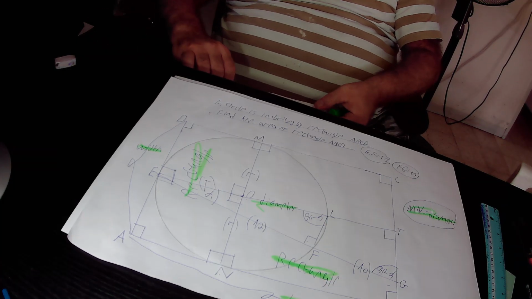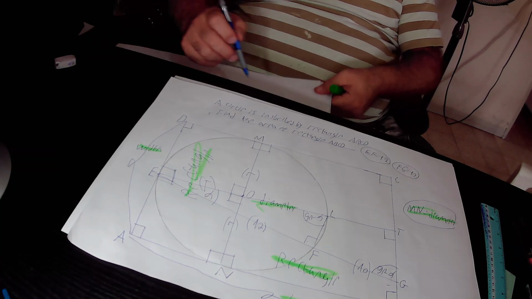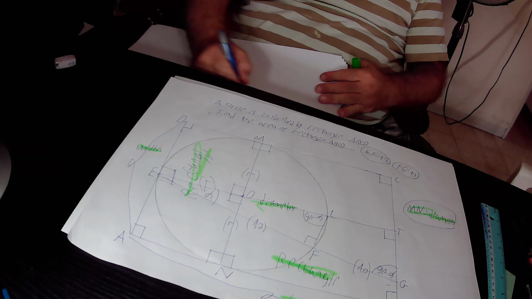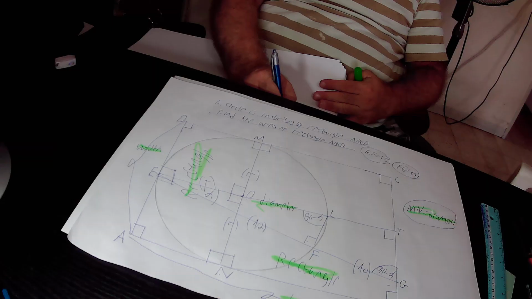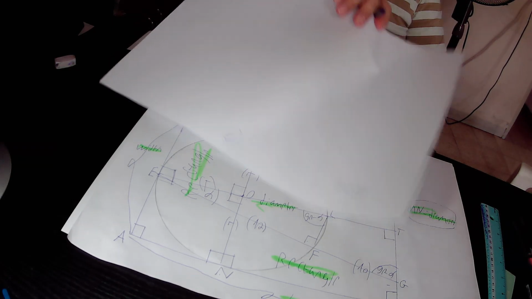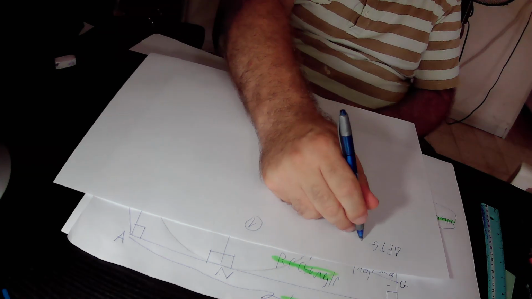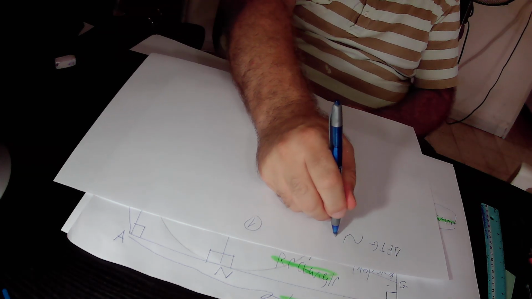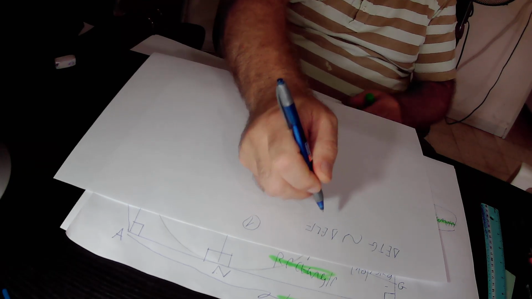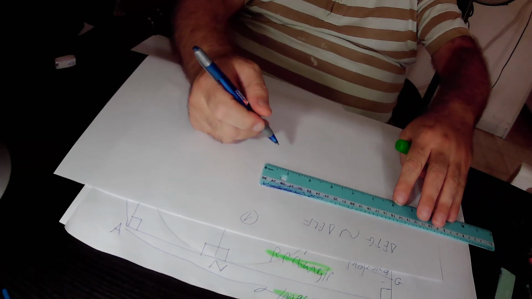We actually found out that the big right triangle ETG is similar, this is the sign of similar, to the small right triangle ELF according to the angle similarity rule.